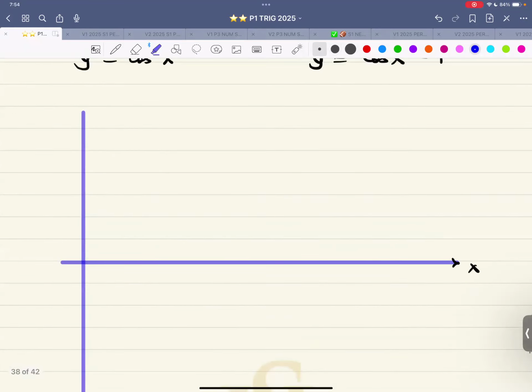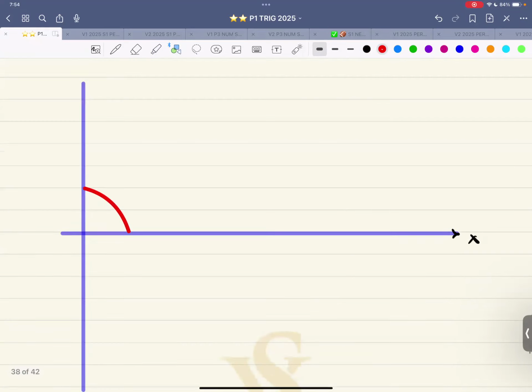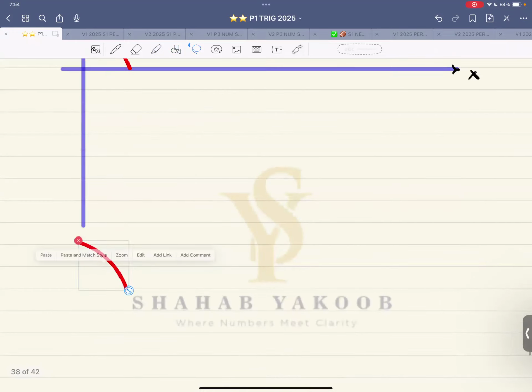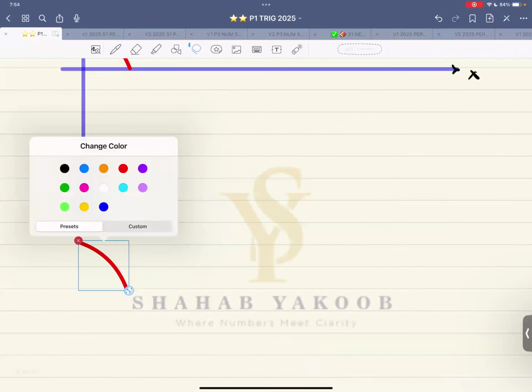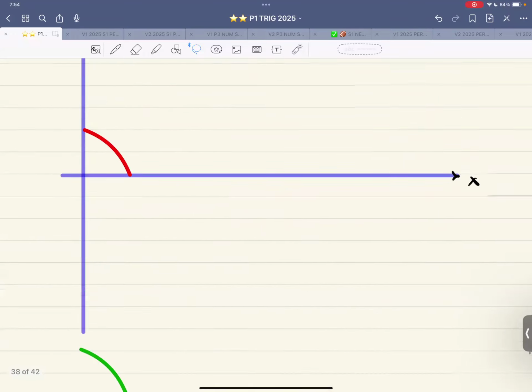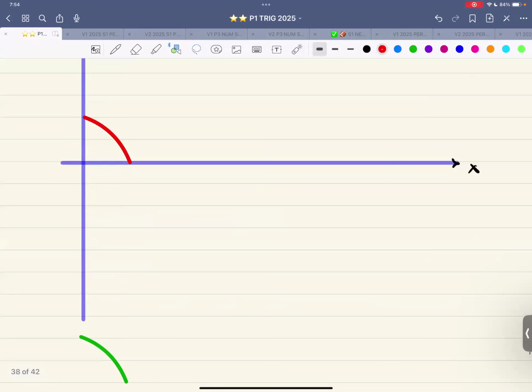Okay, so now cosine, let me draw it slightly enlarged. This is one portion. Let me just copy this, place it over here, color change, and then let me draw the next one.